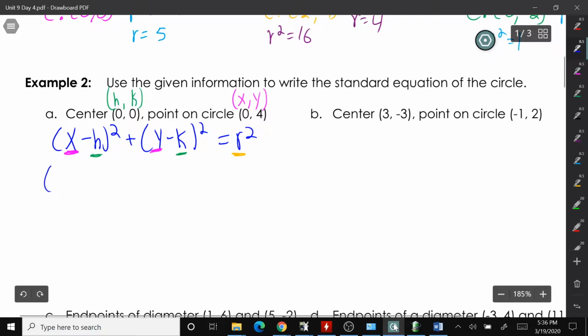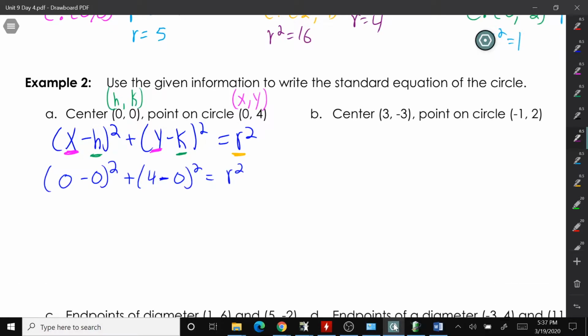So it's going to be, instead of x, I'm going to write in 0 minus h, which is 0, squared, plus y is 4, minus k, which is 0, squared, equals r squared. So 0 minus 0 is 0, and then 4 minus 0 is 4. So 4 squared equals r squared.